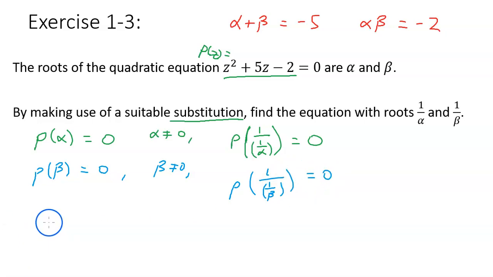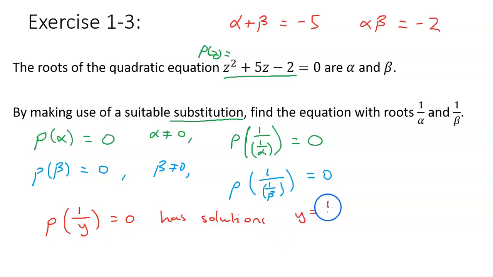And then from there we can make the simple observation that p of 1 divided by, and then you can just choose another letter. The book usually uses y. So p of 1 divided by y equals 0 has solutions y equals 1 divided by alpha or 1 divided by beta.